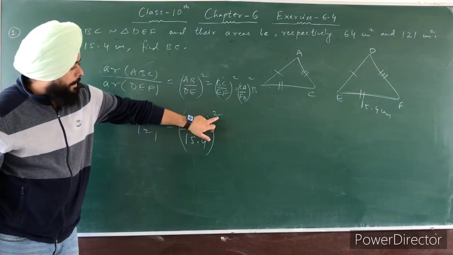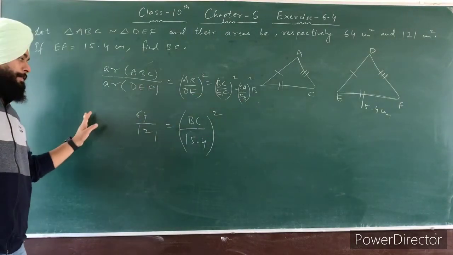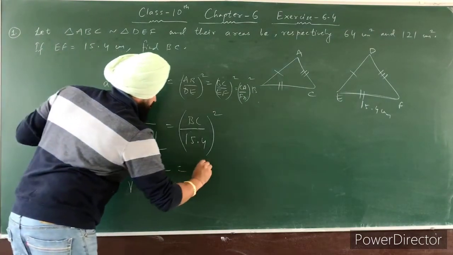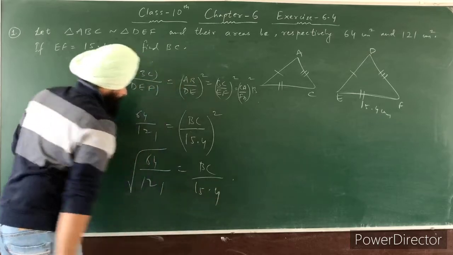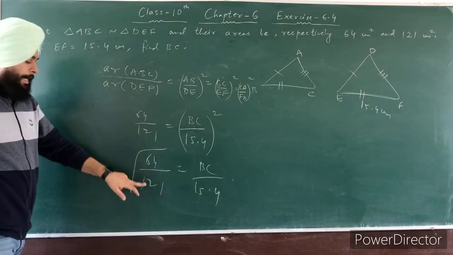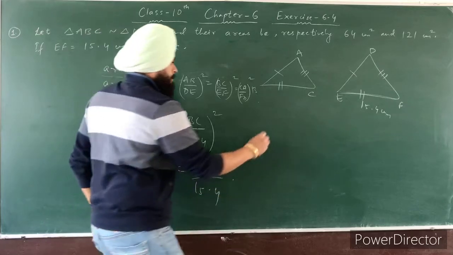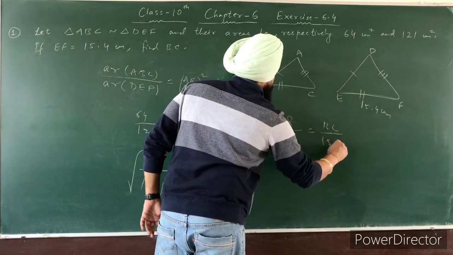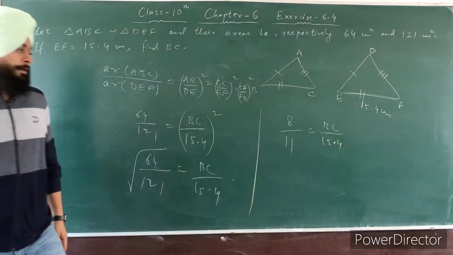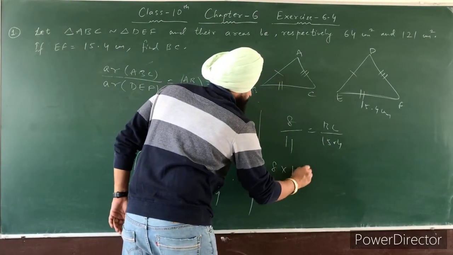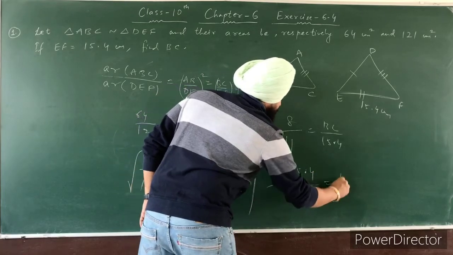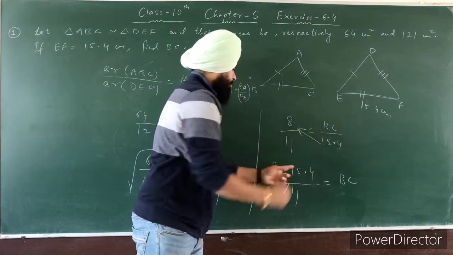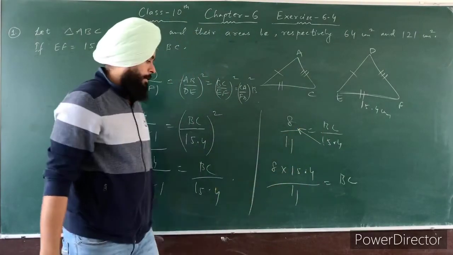Next we have to find the value of BC. First you can take this square on the left hand side, so it becomes square root. Now the root of 64 is 8 and the root of 121 is 11. So right here 8 by 11 is equal to BC over 15.4. Or BC is 8 multiplied by 15.4 divided by 11.